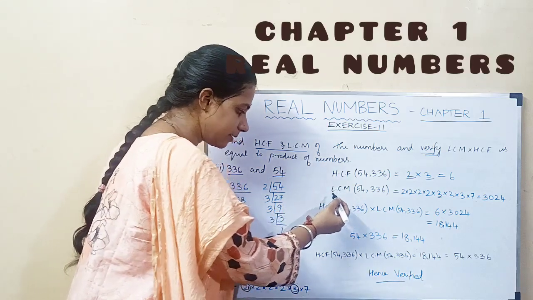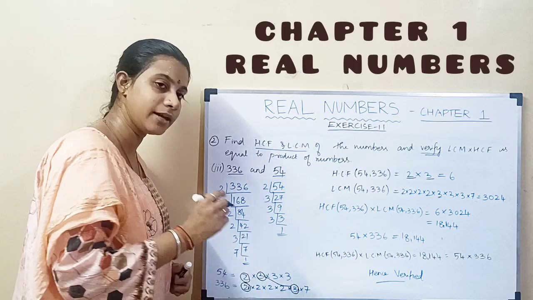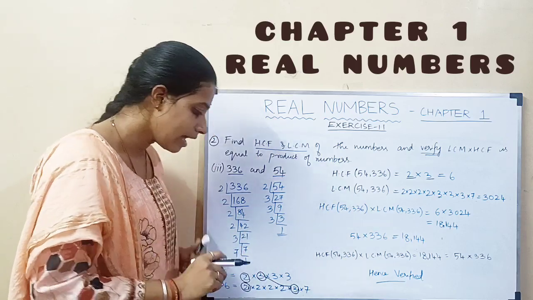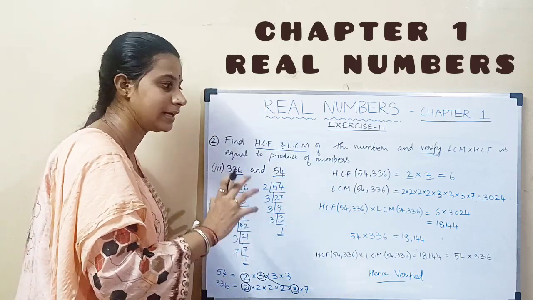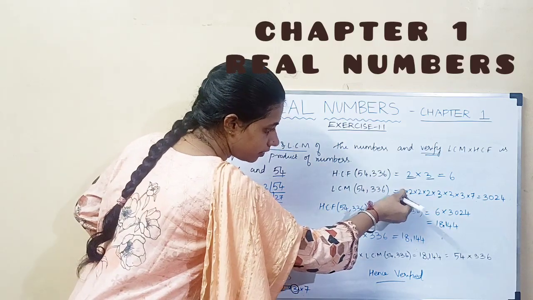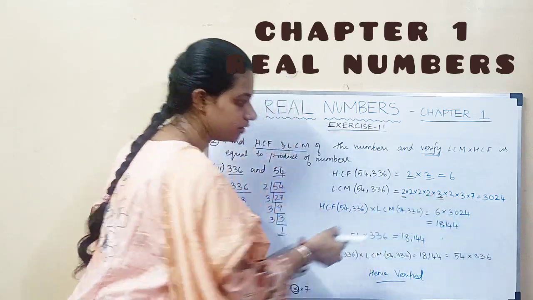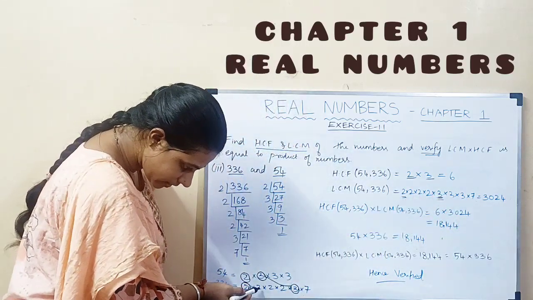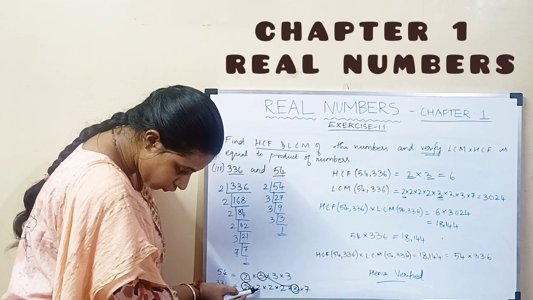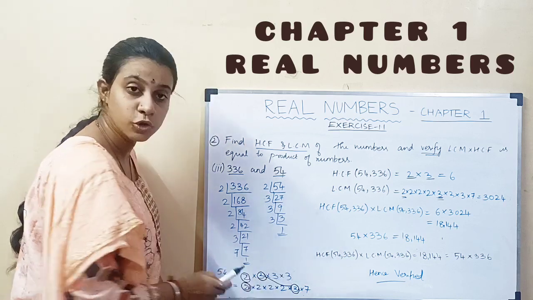Now coming to the LCM part, whichever factors are common in both, we will take those only once, and all other factors we will take as they are. So for these two 2s, we will take one 2 here, and for these two 3s, we will take one 3 here. Otherwise, if we see, there are 3 more 2s.